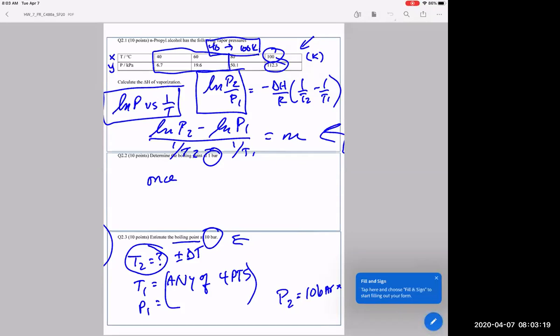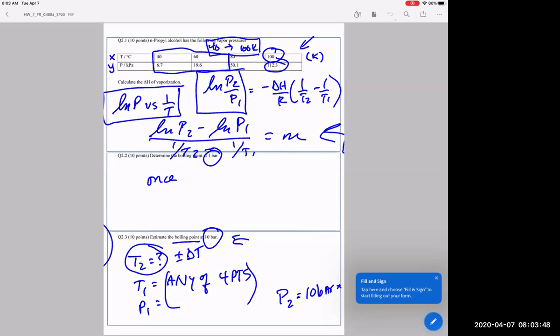But graphically, if you use all 4 points, to calculate 2.2 it ends up being the same thing. You have an average or estimated delta H including all 4 points. You can then calculate the new boiling point using the pressure at 1 bar.